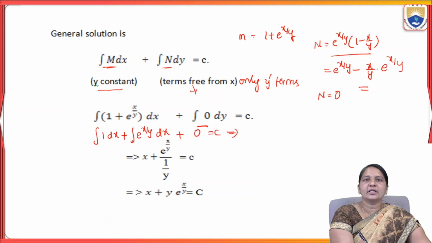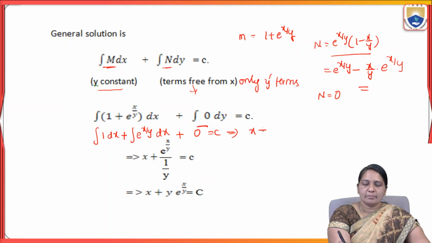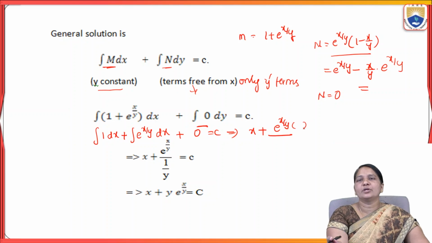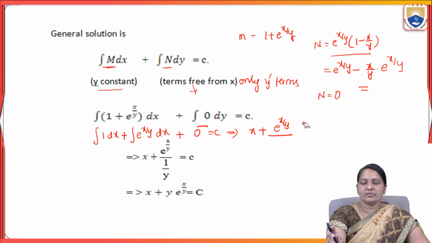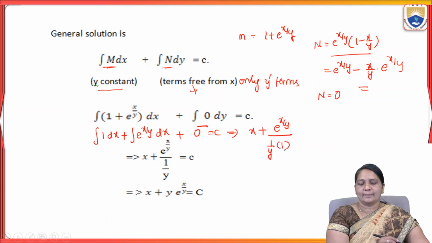Finally, integral 1 into dx is x, plus integral e power x by y. So integral e power x is e power x by 1, right? So e power x by y divided by 1 by y. If it is differentiation, we will write it as multiplication; if it is integration, we will write it in the denominator. So with respect to x, y is a constant, 1 by y is a constant, x value is 1, plus 0 equal to c.